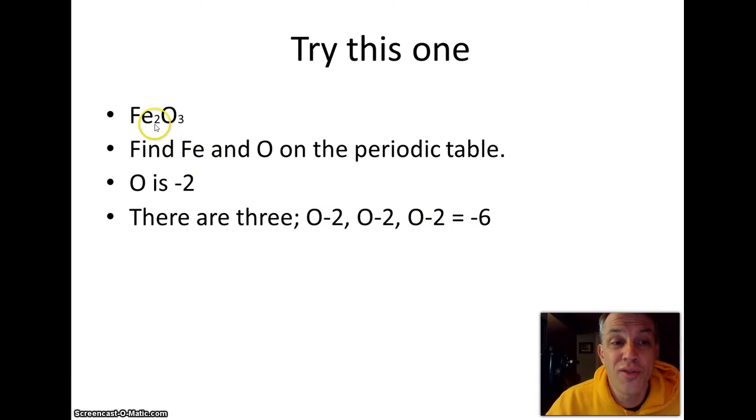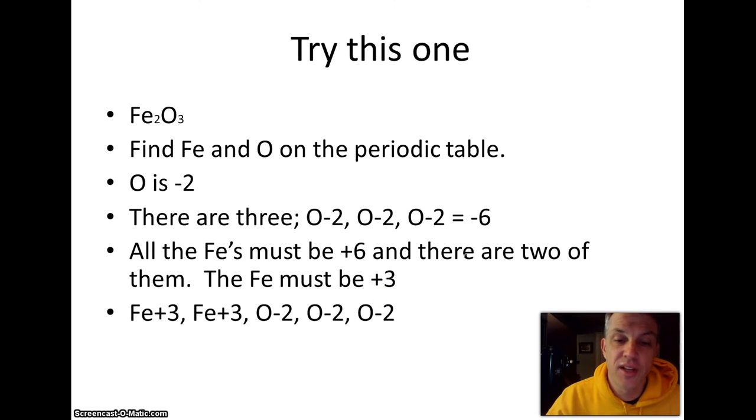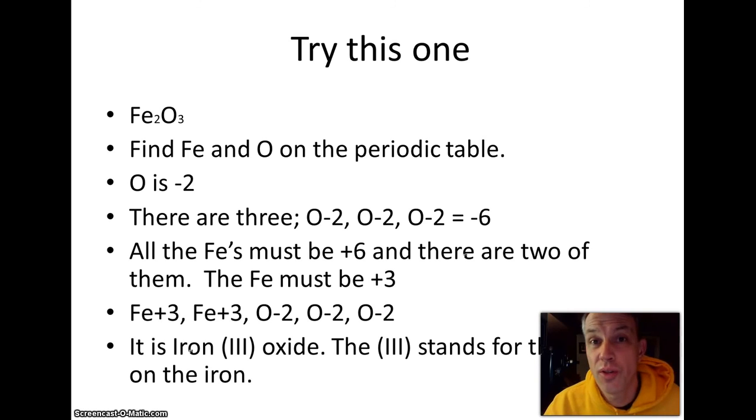That means all of these irons have to add up to +6. Well, I've got 2 of those, so each one must be a +3. We've just found the Roman numeral, which is the middle initial. Therefore, it is iron 3 oxide. Again, the 3 stands for the charge on the metal atom, which is the transition metal.